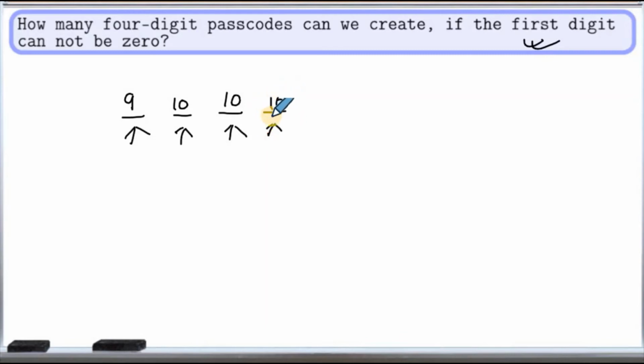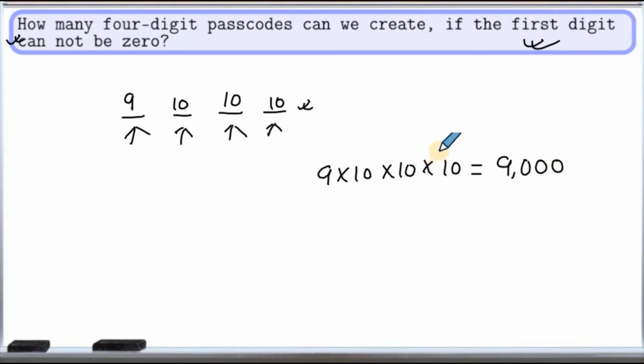So the number of 4-digit passcodes with the first digit not being 0 is 9 times 10 times 10 times 10, which is equal to 9,000. So here we can have 9,000 passcodes.